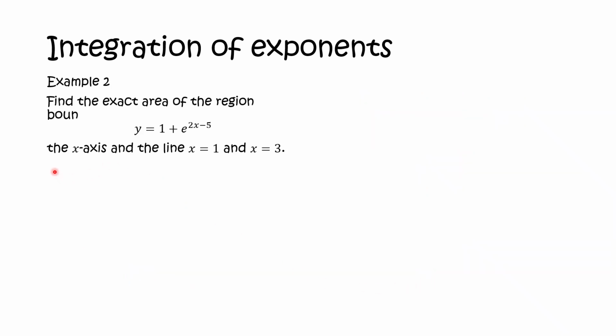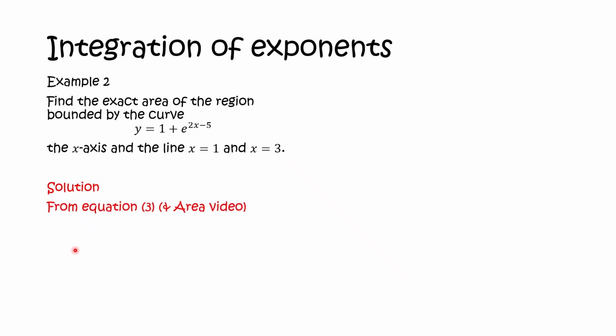With example 2, we are asked to find the exact area of the region bounded by the curve y is equal to 1 plus e to the 2x minus 5, the x-axis, and the line x is equal to 1 and x is equal to 3. So already here we can see that we have the limits 1 and 3, the lower limit 1, the upper limit 3.